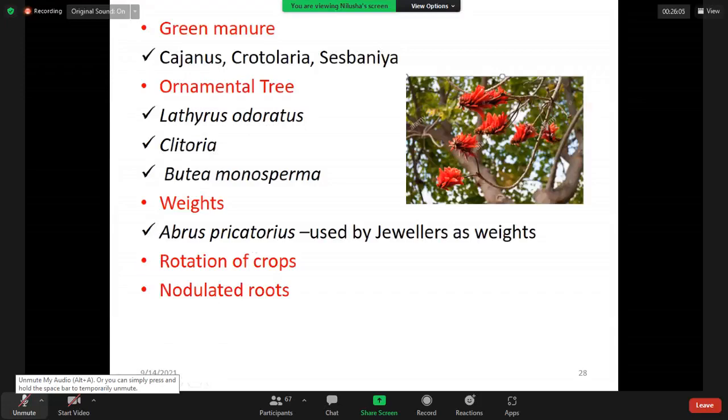For example, if we cultivate a crop like potato in one season, then next season we will cultivate another crop, so that we are using crop rotation.